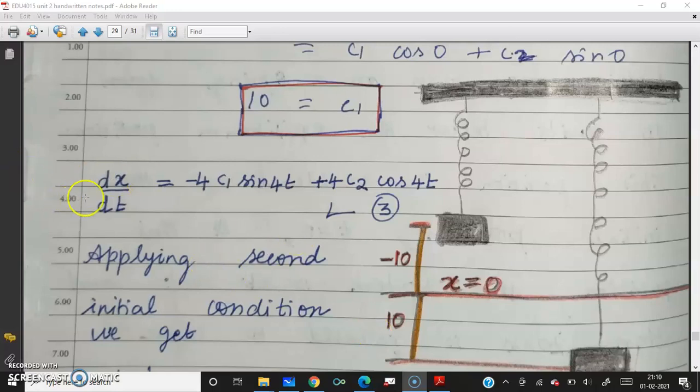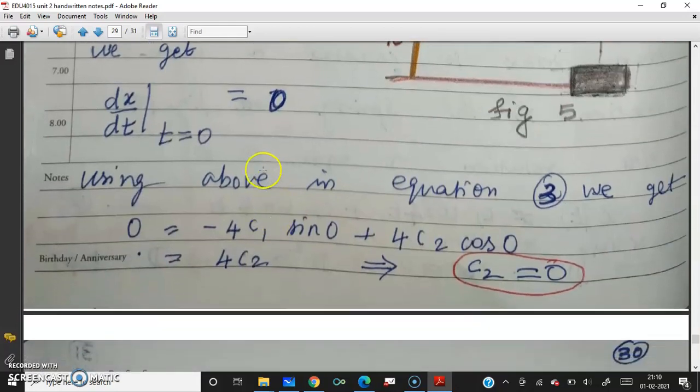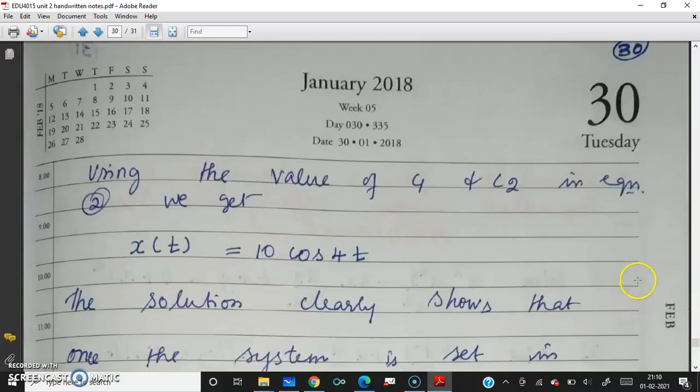We have seen in the previous class that dx by dt equal to minus 4 c1 sin 4t plus 4 c2 cos 4t. We have to use the initial value conditions in order to find c1 and c2. Applying the second initial value condition, dx by dt at t equal to 0 is 0. You substitute t equal to 0 in dx by dt, and we get the value of c2, that is also equal to 0.